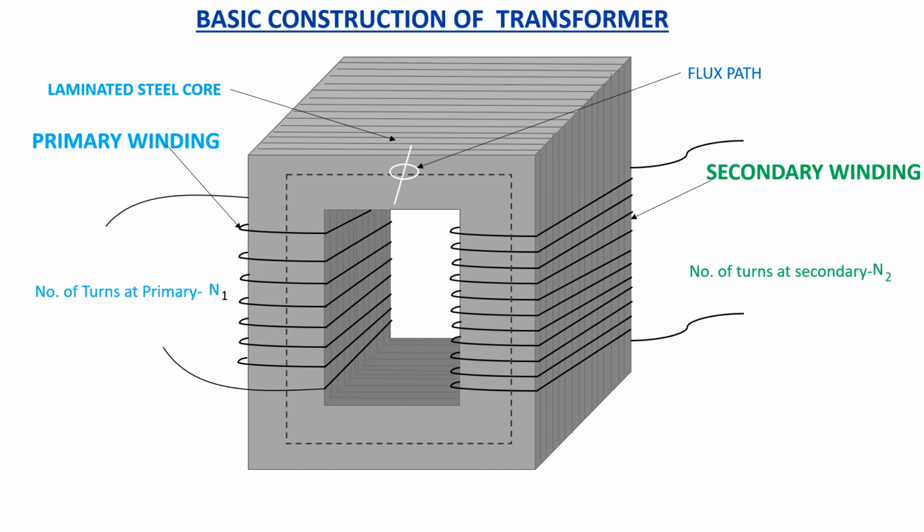When the primary winding is connected to an AC supply, a current which creates an alternating flux phi flows through it, which links with the secondary winding, and thus an EMF is induced in the secondary winding, but the frequency of the voltage remains the same. This induced EMF in the secondary winding drives a current in the connected load circuit.